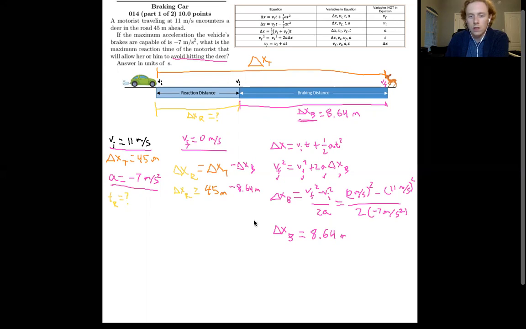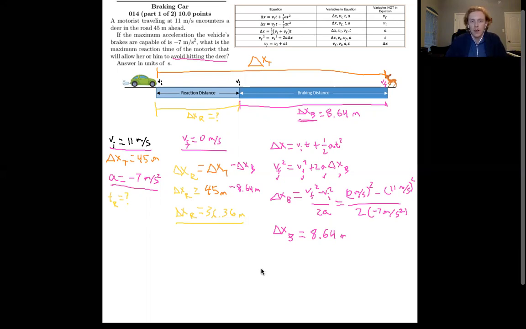So delta x r must be 45 minus 8.64, 36.36 meters. Okay, so we have that answer now.